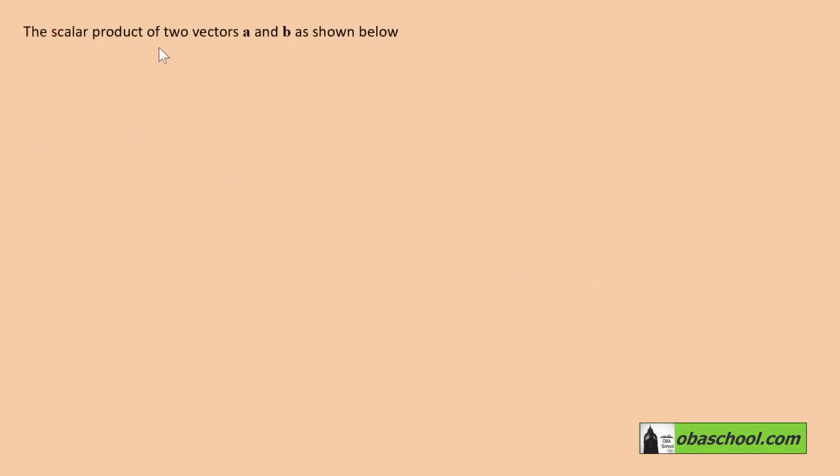The scalar product of two vectors A and B, as shown below: here they are, the vectors A and B with an angle between them of theta. That scalar product is defined to be A dot B. Sometimes people call this the dot product because the scalar product operator is a dot.